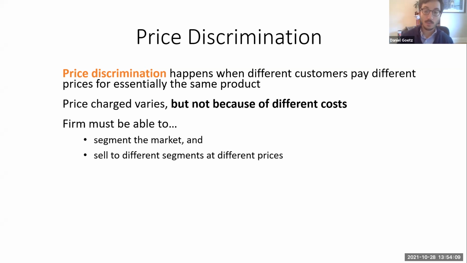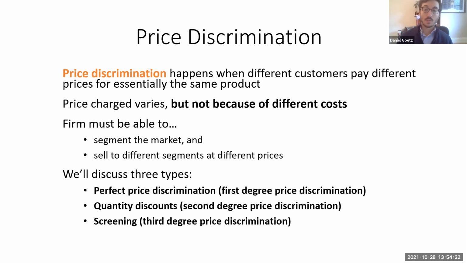In order to price discriminate, a firm must be able to segment the market into different groups who have different willingnesses to pay, and must also be able to sell to those different segments at the different prices. So there's three kinds of price discrimination. There's perfect price discrimination, which is called first degree. There's quantity discounts, which is second degree price discrimination. And then there's screening, which is third degree price discrimination.